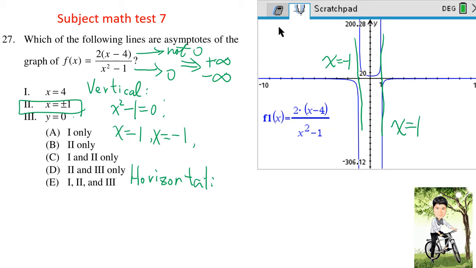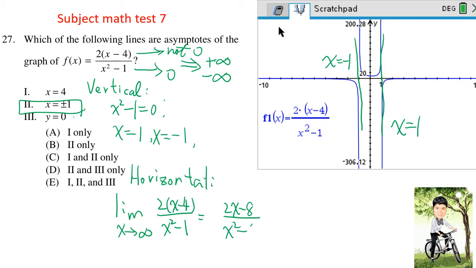Then check y goes to what? Limit as x approaches infinity. The function value approaches to what? This equals x minus 8 over x squared minus 1 as x approaches infinity.